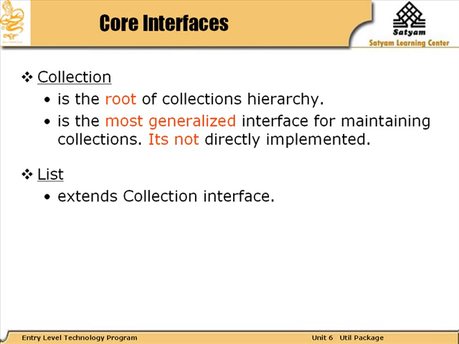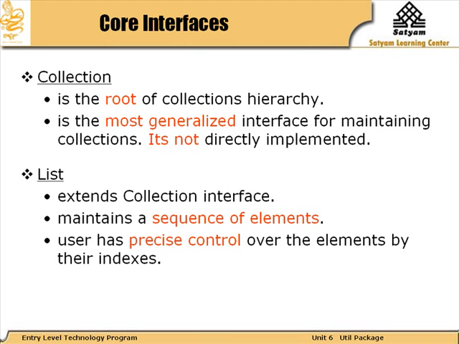List interface. The list interface extends the collection interface. The list interface maintains a sequence of elements. The order of adding elements to a list is maintained. The list user has precise control over the elements by their indexes.